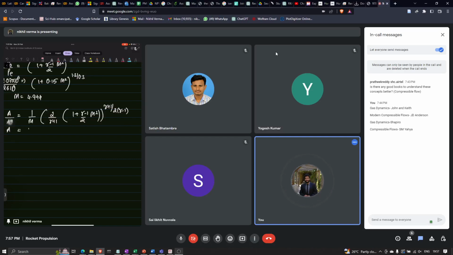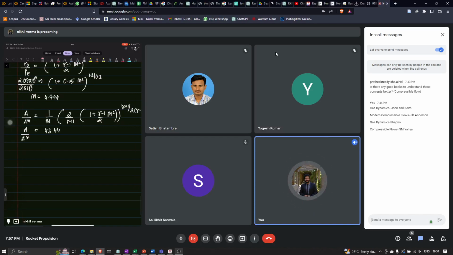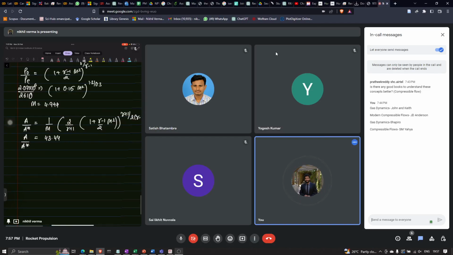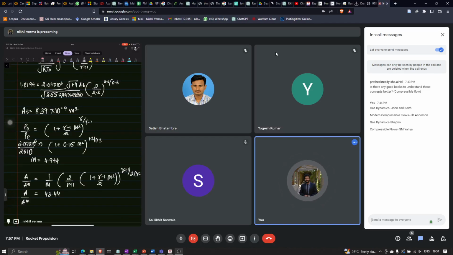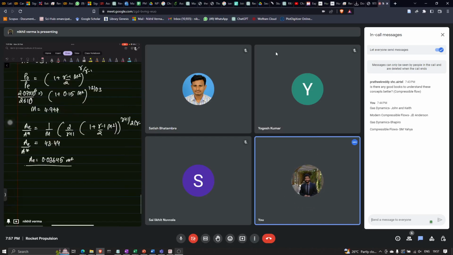This is some 43.44, the A by A star. So A star was 8.39 into 10 to the power minus 4. So the area of the exit is 0.03645 meter square.